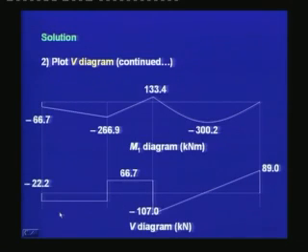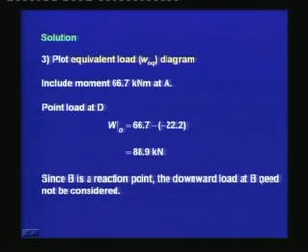We are plotting the shear diagram, and it is constant in AD, then DB, and it is linearly varying between B and C. Then we are plotting the equivalent load diagram.